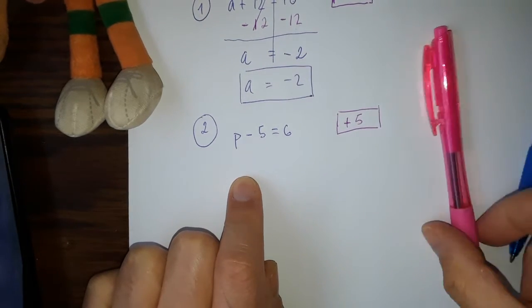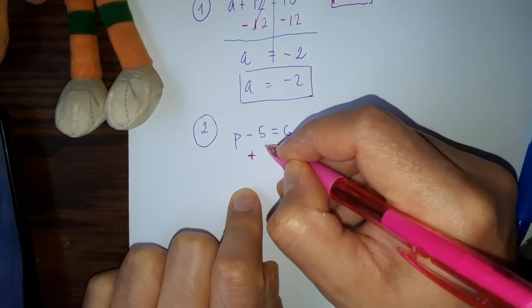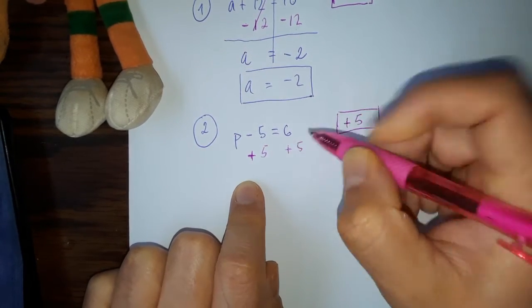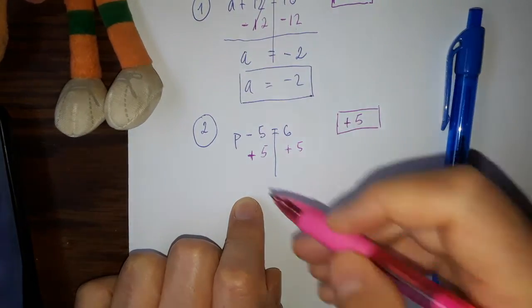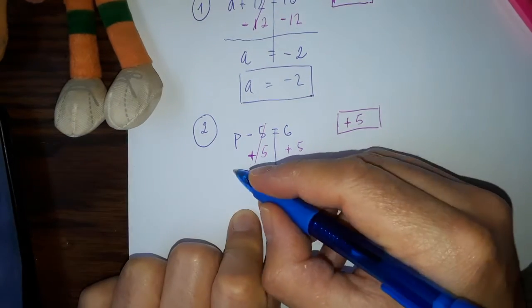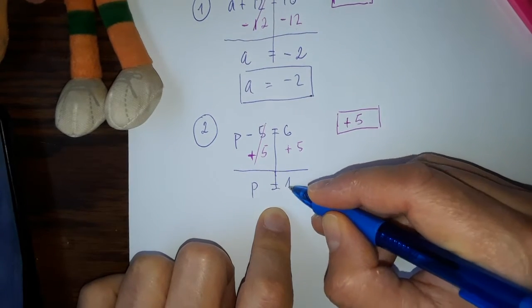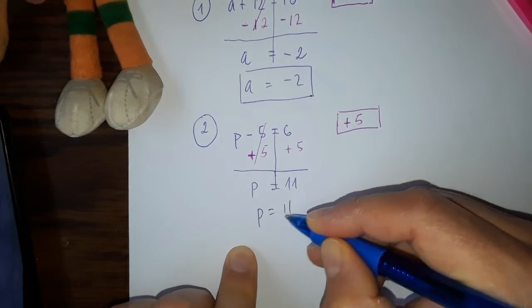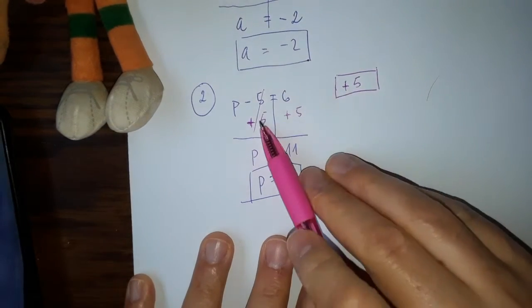So again, I write it in here, positive 5, okay? And then we're gonna kill this, and we're gonna have P by itself equals 11. So P equals 11. Done. Okay? Again, eventually I want you to get rid of this and do all these in your head.